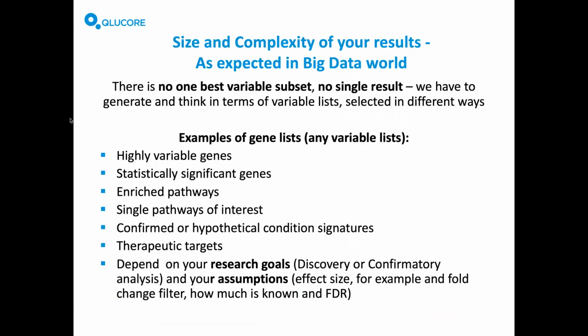And now I want to show you an overview of what I would like to show you today. As we look at the big data sets and complex data sets, there is no one best variable subset. There is no one best resultant list. You will have to make a decision. You will look at the range of results, a range of subsets.